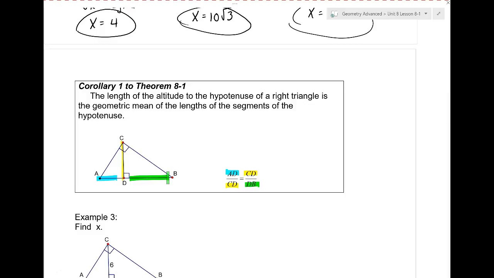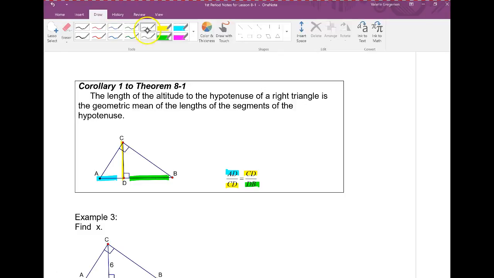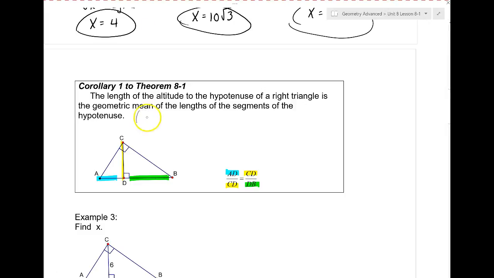Now, I have a nickname for this called the arrow through method, but I want to show you where this came from first. This comes from the two smaller triangles. So when I'm working with this, this is really a proportion formed from the fact that the smaller triangles are similar. I'm looking at the middle one and the small one.